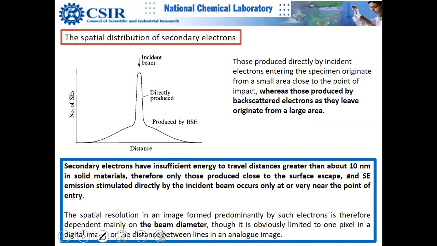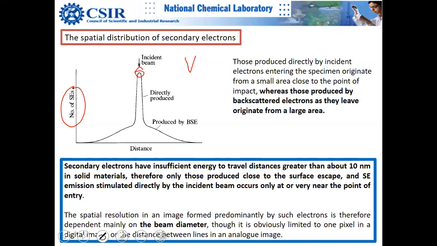You can see that this is the area which is covered by the incident beam. The incident beam is highly pointed. Now you can see the number of secondary electrons. For backscatter electrons, the resolution is very bad, because backscatter electrons have much higher energy, and so they have much more broadening effect in comparison to secondary electrons.